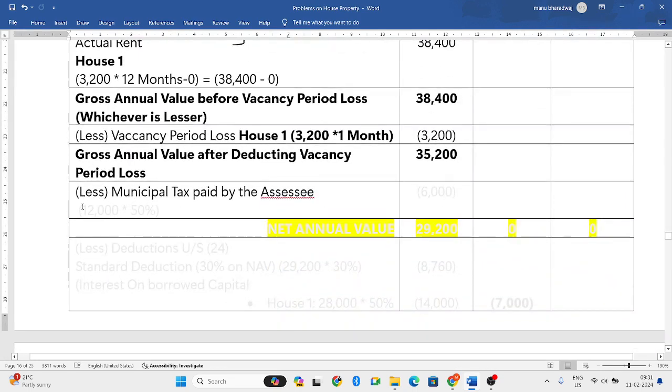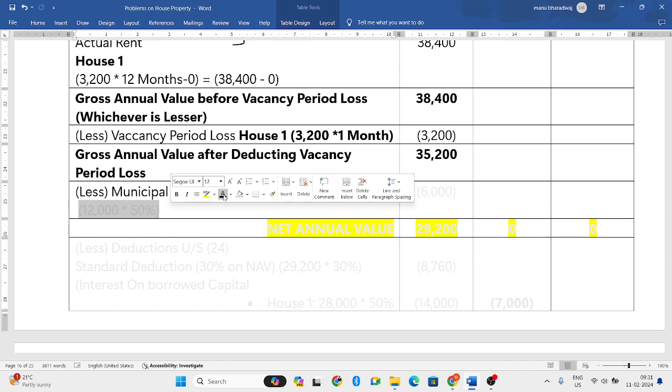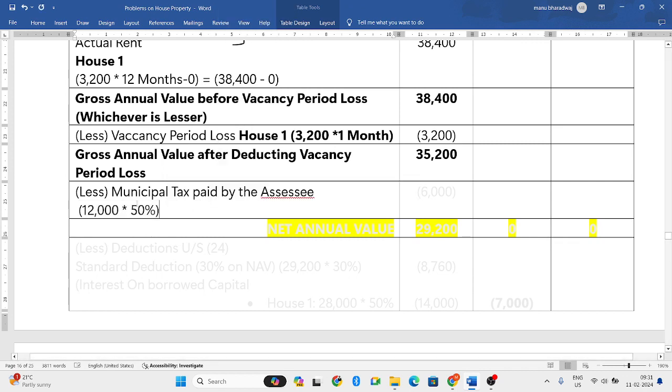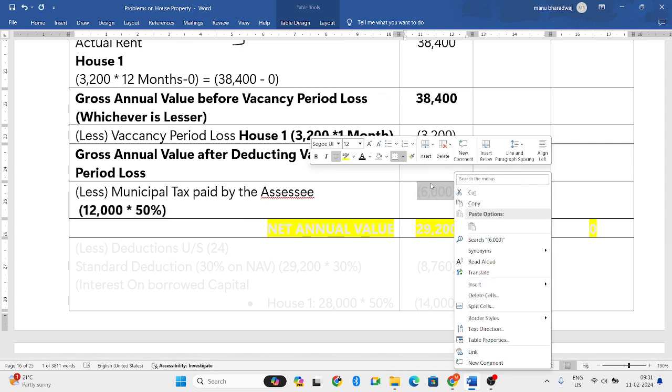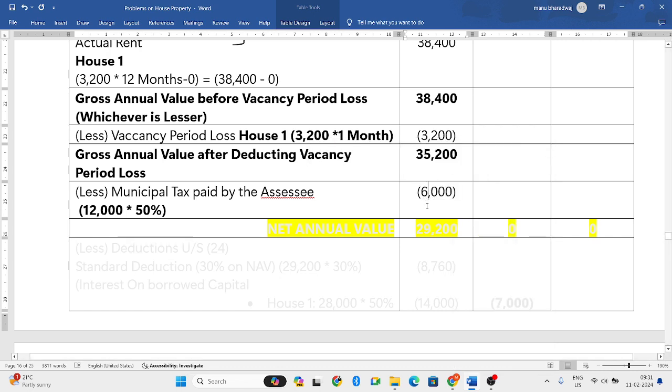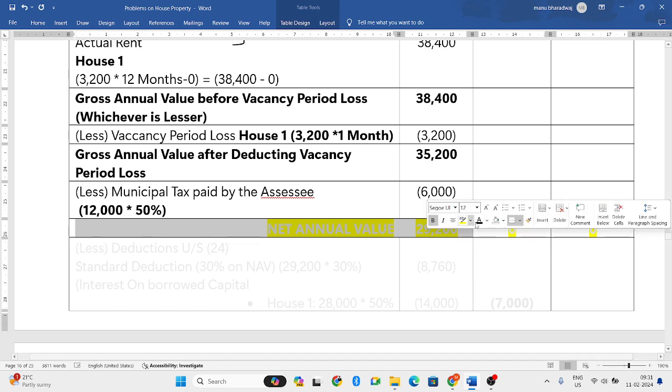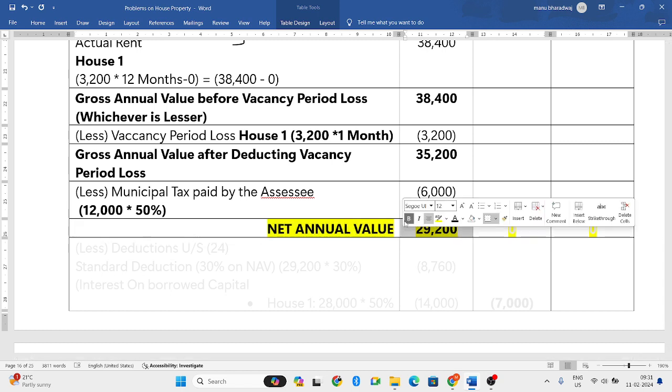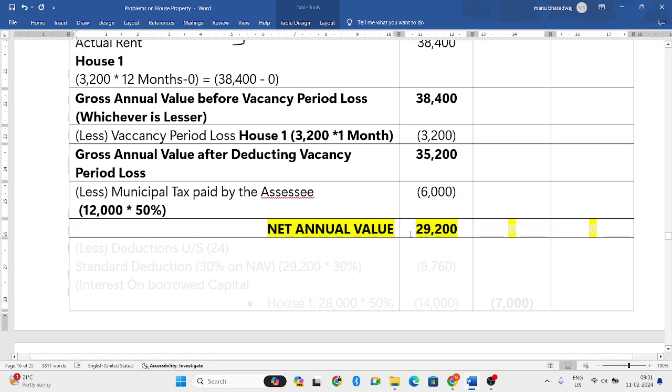So 12,000 into 50% will be 6,000. So 35,200 minus 6,000 will be 29,200. That is net annual value.